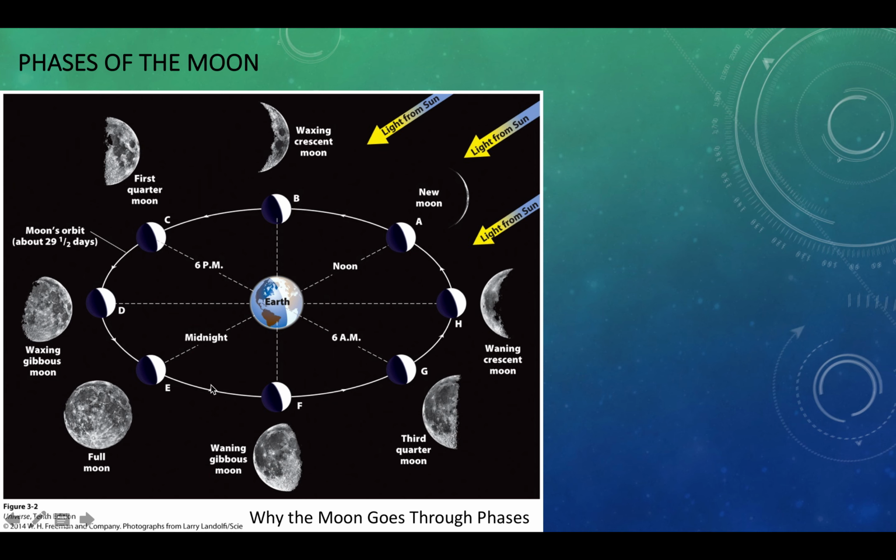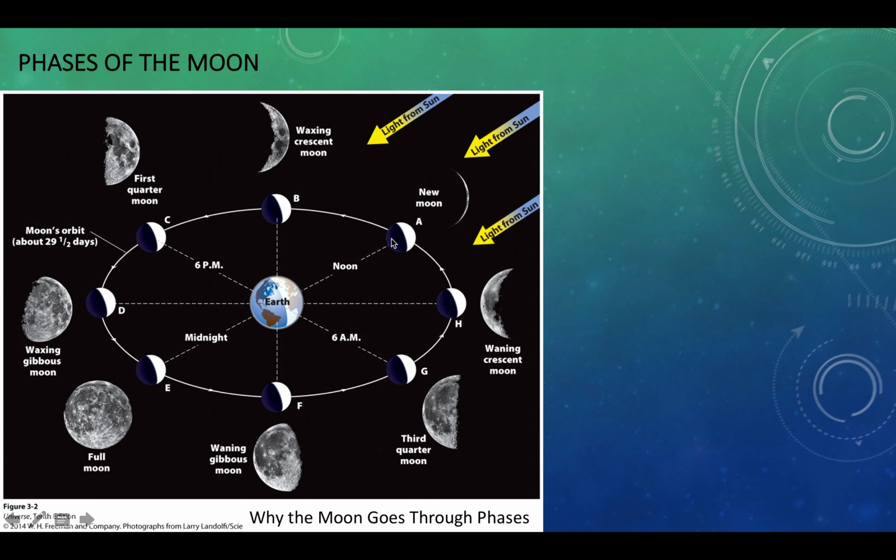And then as the moon goes in this direction, it will get smaller and smaller, because people on Earth will be able to see less parts of it. So this entire orbit of the moon around the Earth takes 28 days. You are more responsible for point A, where I have a new moon, and for point E, where you have a full moon.